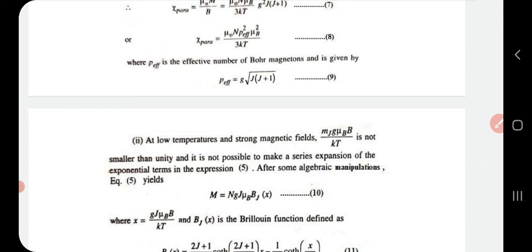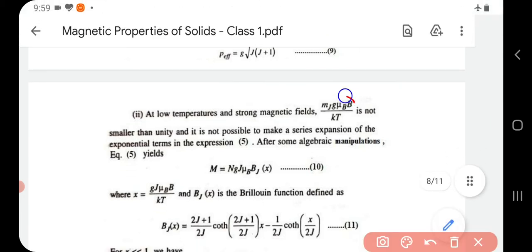Now the second case, that is at low temperature and strong magnetic field, then the argument of the exponential, this one, is not smaller than unity, and it is not possible to make a series expansion of the exponential term in equation 5. In the earlier case, we have assumed this to be very small compared to 1.